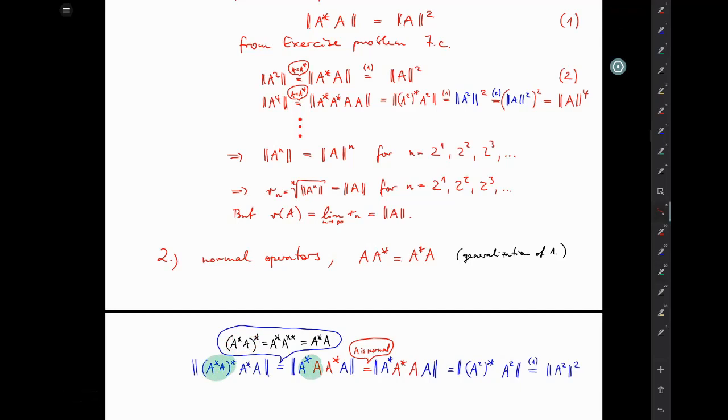But now we are again in the situation of equality 1, which is clearly the hero of the day, because we have the left-hand side of 1 with a star a in place of a. So let's just write the right-hand side of equality 1 with a star a where there used to be a.